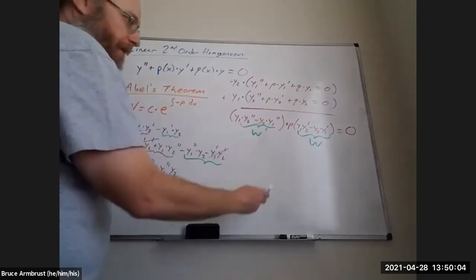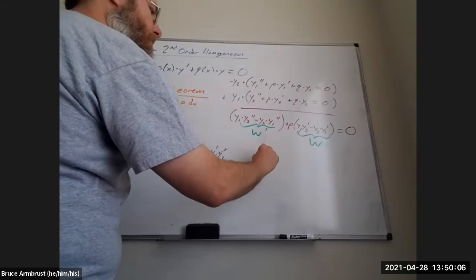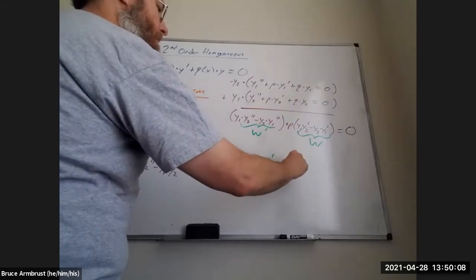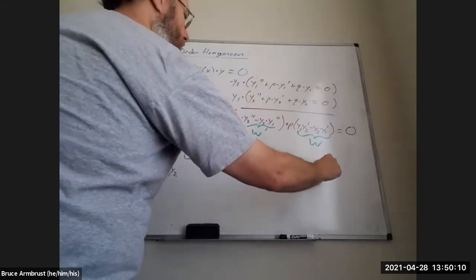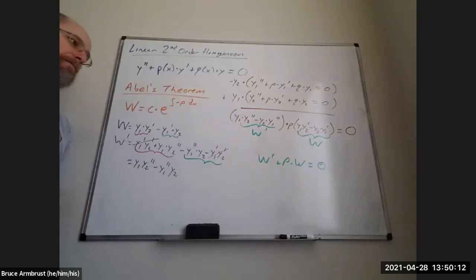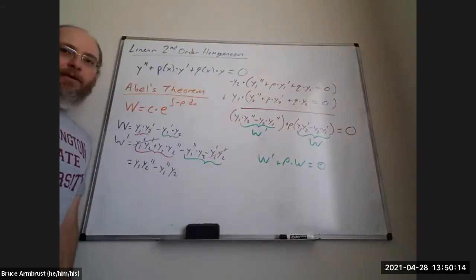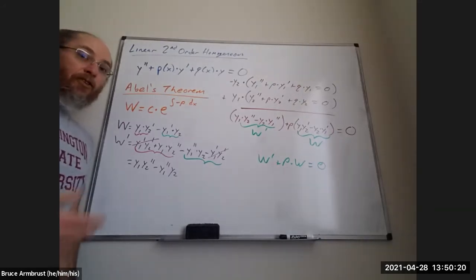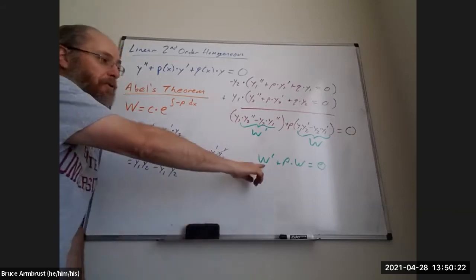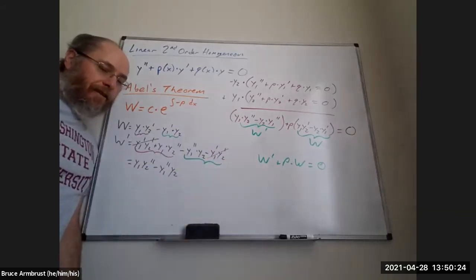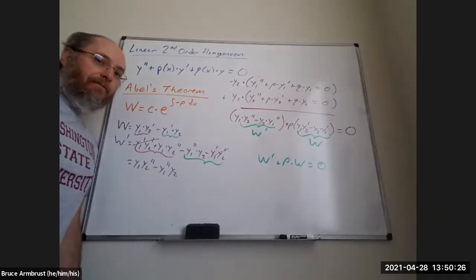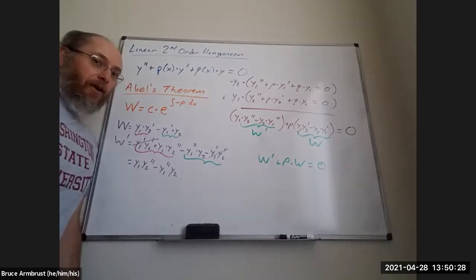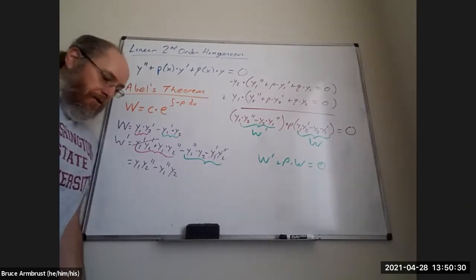So this thing turns into w prime plus p times w equals 0. So now we've got a first order linear differential equation. And we know how to solve those. Right?